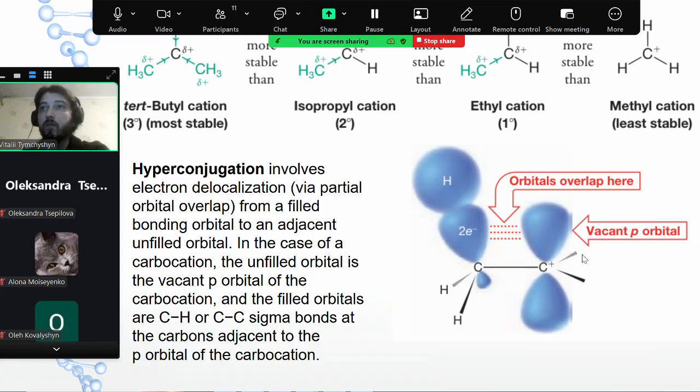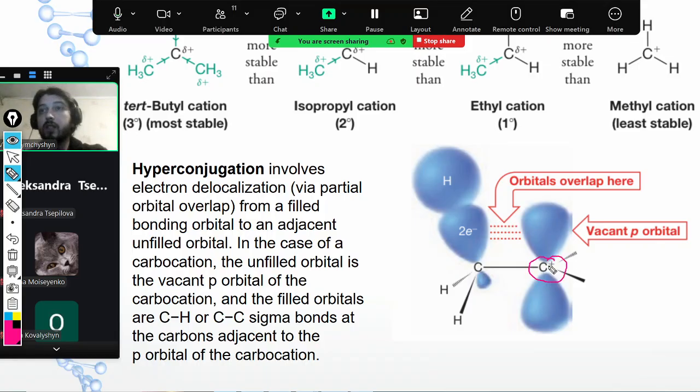Here we have a vacant p orbital. This is our carbon atom with the plus charge. It has lost its leaving group, and now it has this plus charge. It means that it has a vacant p orbital, so there is no electron to use that orbital. And as you see, it looks quite planar.